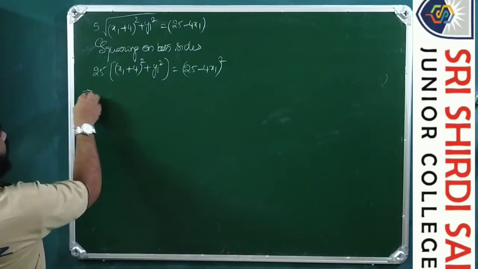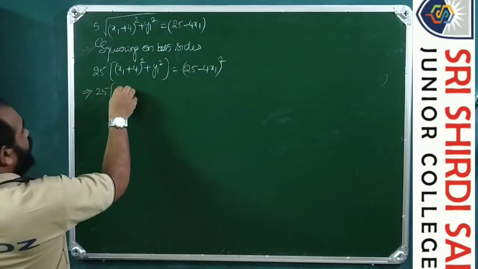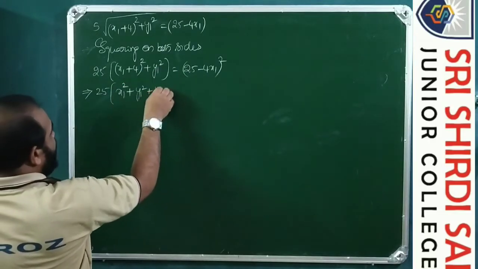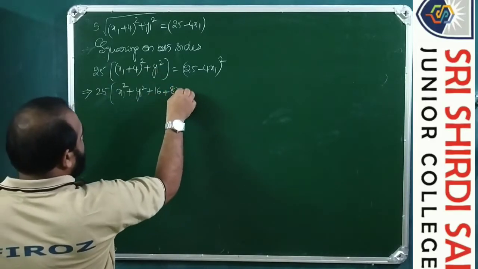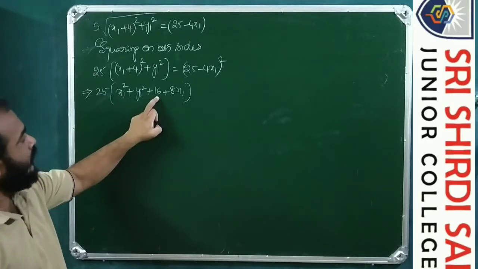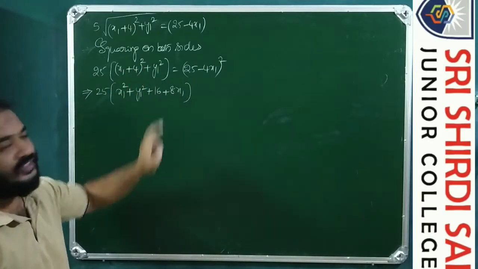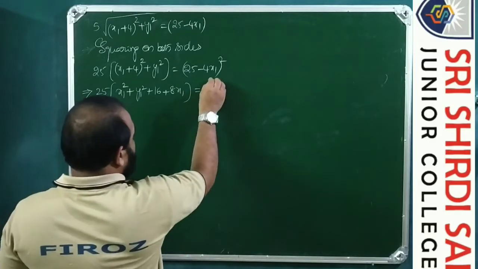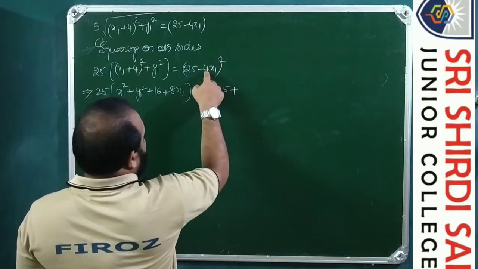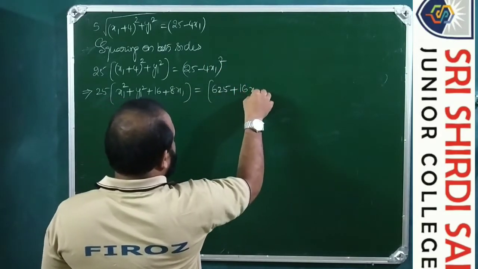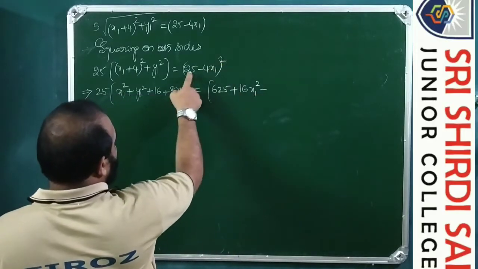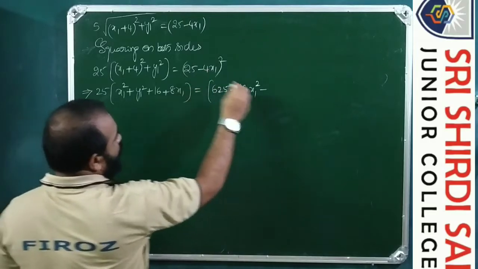This is equals to 25 into (x1 square plus y1 square plus 4 square 16 plus 2 4s are 8x1). This is (a plus b) whole square, a square plus b square plus the 2ab term, 8x1, is equals to 25 whole square, 625, plus (4x1) whole square, 16x1 square, plus 2 into 25, 50 into 4, 200x1.